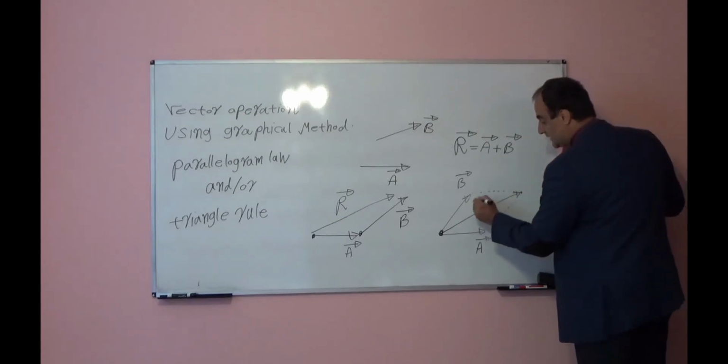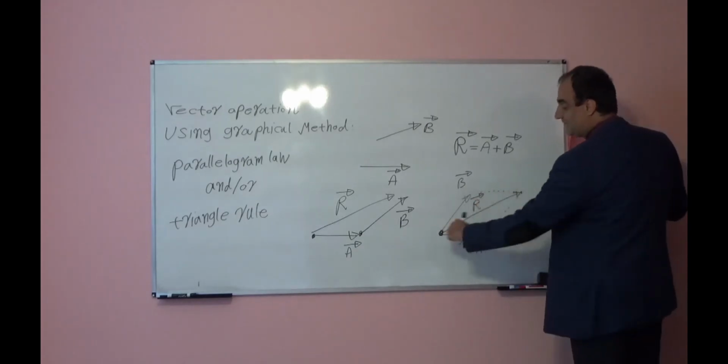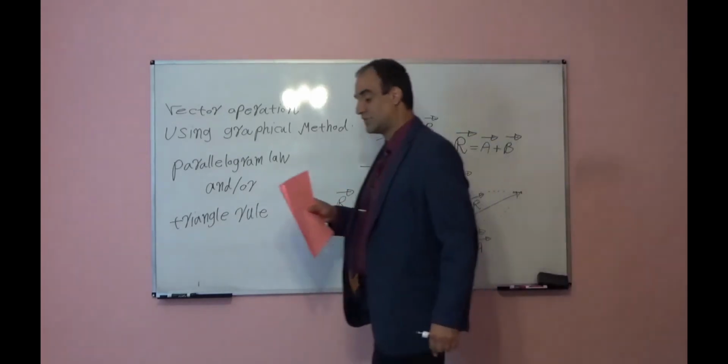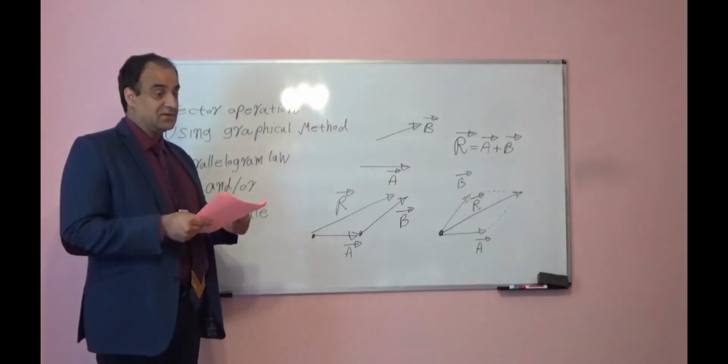It will be resultant vector R. You see here shape we have, it is parallelogram. So we add two vectors using parallelogram law.